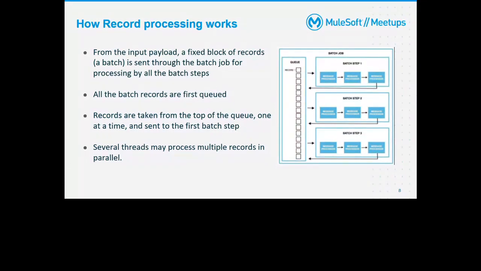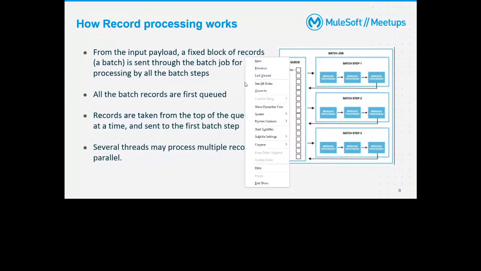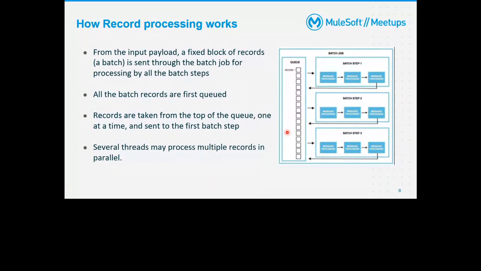All the top 16 records have been consumed by the 16 threads, and this record will become the first record, and the thread will move to the batch step. So, for example, out of 16 records, the first record gets processed and completed, and then it moves to the end of the queue, and the remaining threads come and collect the first set of records, which all go into batch step one and get processed.